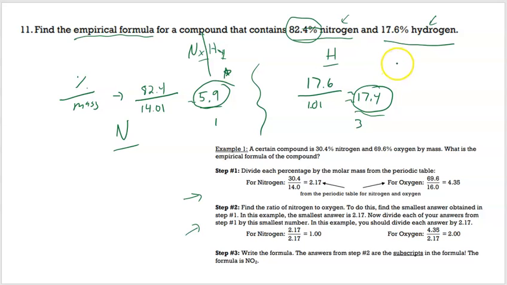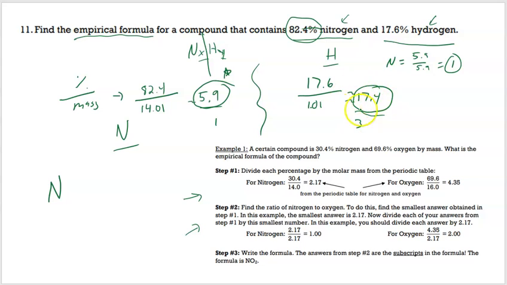To figure out my number for nitrogen, I go 5.9 over 5.9, which equals 1. That means in my empirical formula, it's going to be 1 nitrogen, so no subscript, for every X number of hydrogen.